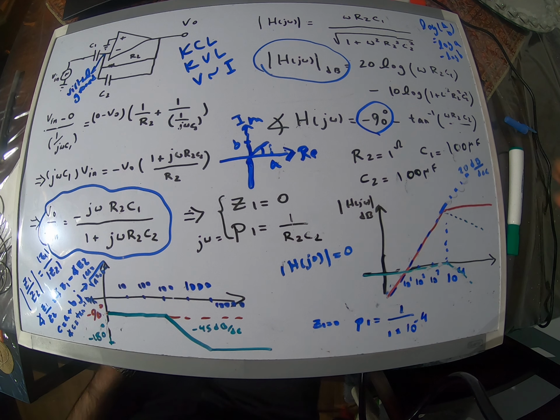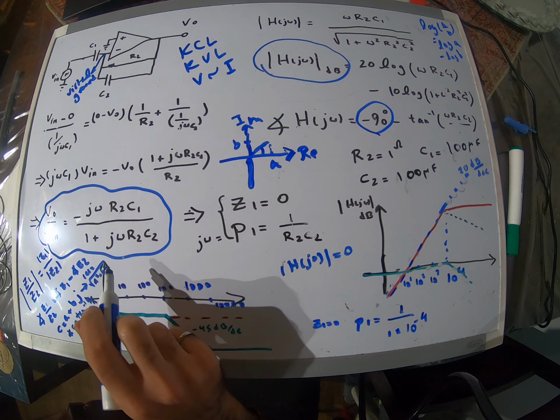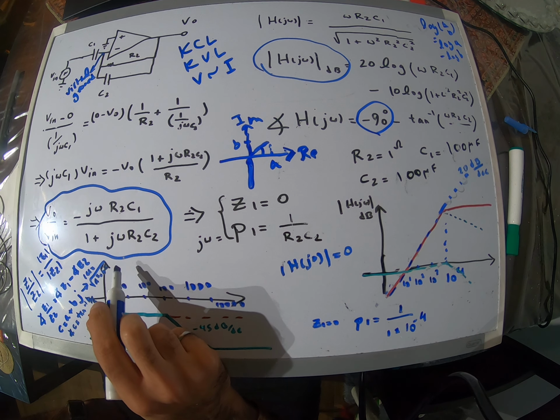So I just wanted to show you that you can find the magnitude and the phase of a transfer function like this. The other thing I wanted to show you is how to do the Bode plot here. So for the Bode plot, first we have to find our poles and zeros. How many poles and how many zeros do we have?